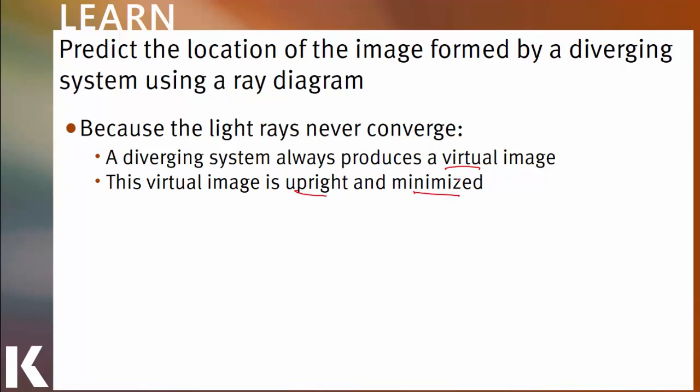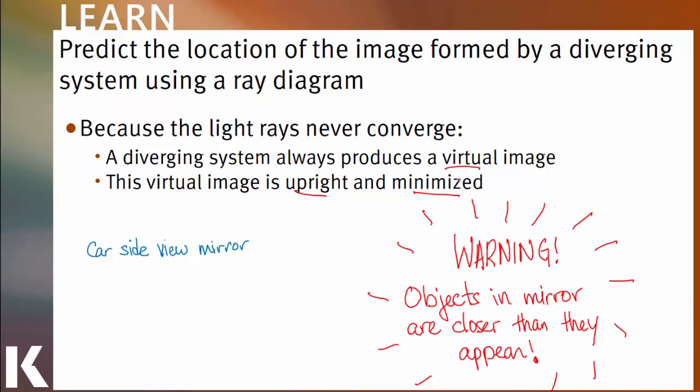Now, instead of just repeating this over and over again, let's root this information in a real-world example. I want you to think of the last time you were in a car and you looked through a side view mirror. You might have noticed that there is that big warning sign that states, "Objects in mirror are closer than they appear." These mirrors are diverging mirrors.